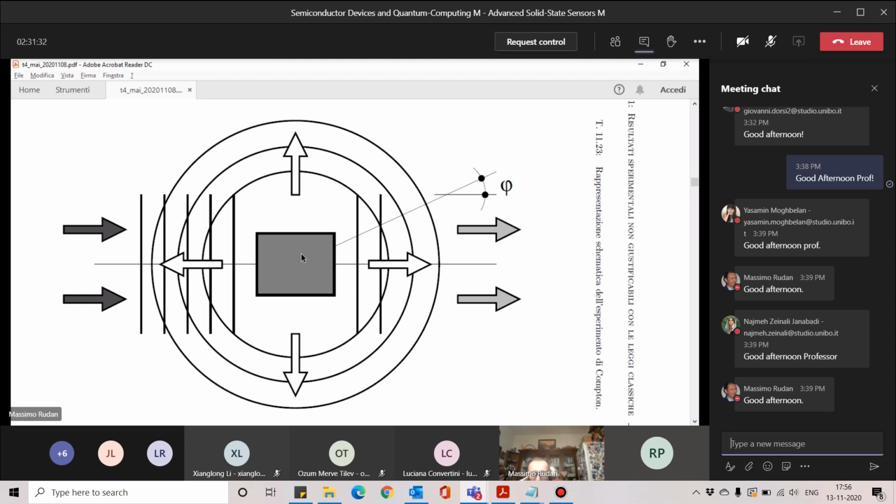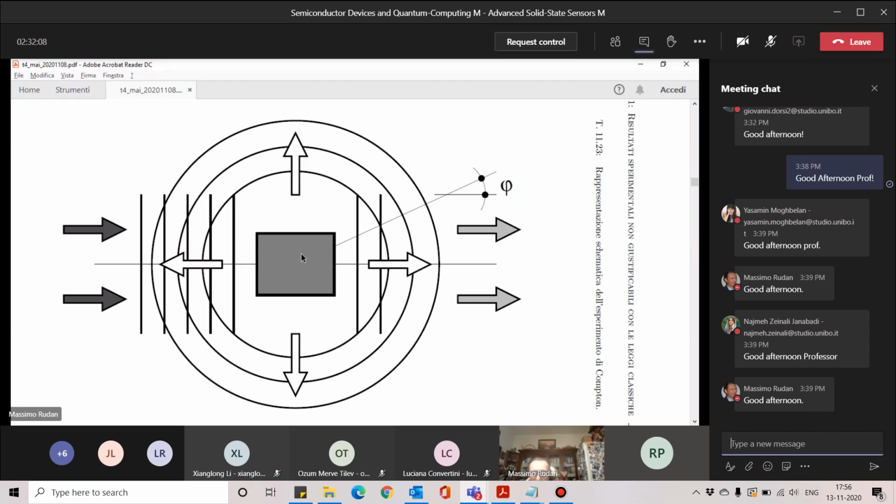This anomaly is called the Compton effect. And this effect cannot be explained using the electromagnetic theory or the laws of classical physics. On the other hand, the phenomenon can be explained by assuming that the radiation is made of photons.